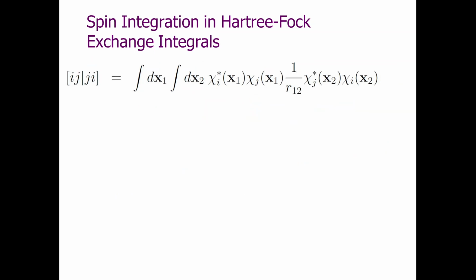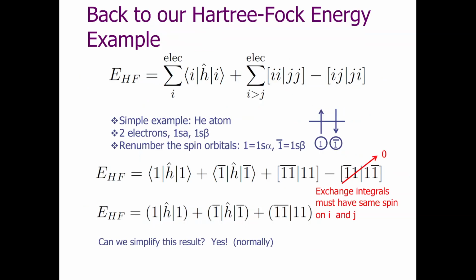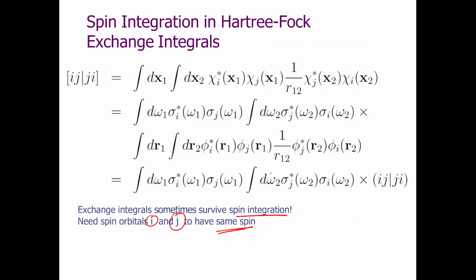That's why Coulomb terms always survive. That's why in the lecture you have seen that whether they are anti-parallel spin or parallel spin, the Coulomb integral always survives. Now the exchange integral sometimes survives the spin integration; it needs the spin orbitals i and j to have the same spin. That means for the exchange integral to survive, they must have the same spin, that is the parallel spin that has been discussed.